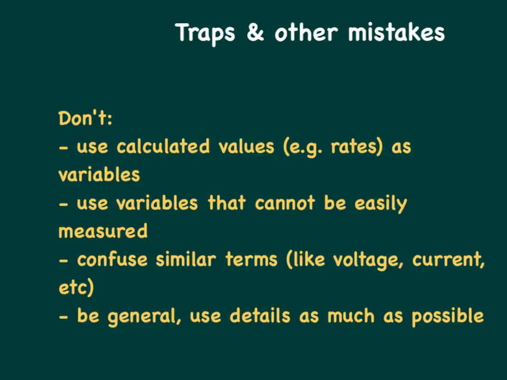A lot of people think that voltage and current are the same. If you talk to a lot of non-science people, they will use them interchangeably, and that's wrong. And probably most importantly, you are to use details. Be specific when you are describing things as much as possible.